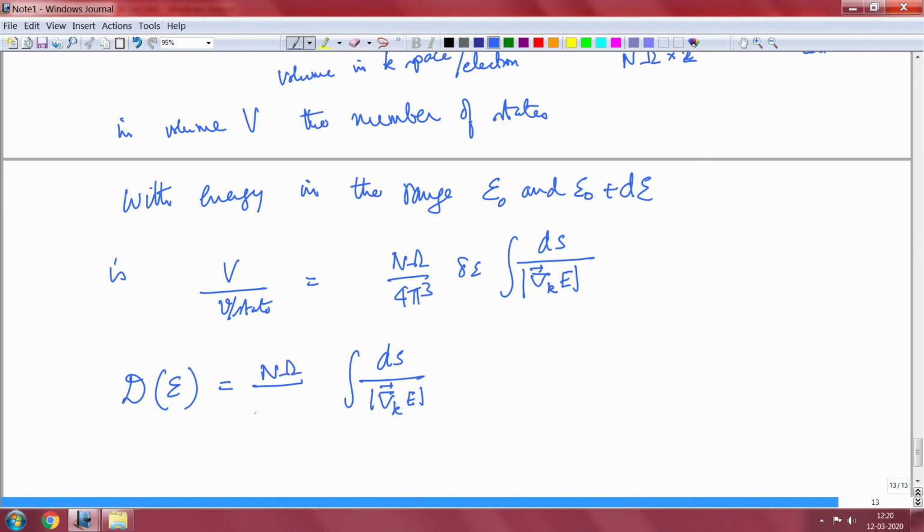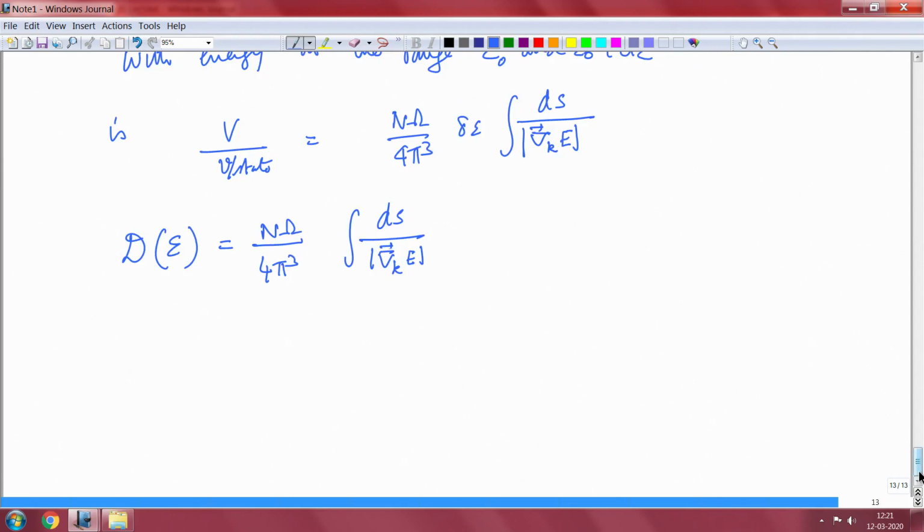So, it is n omega by 4 pi cubed times ds divided by modulus grad k E. So, this is the density of states in general. So, what we will do is obtain d of E for every band.